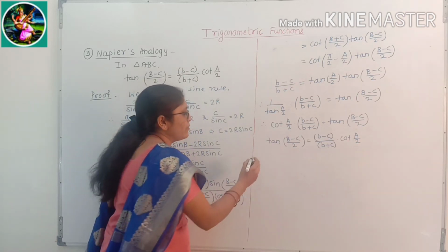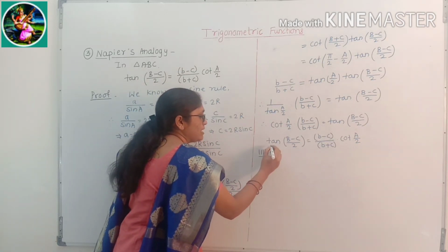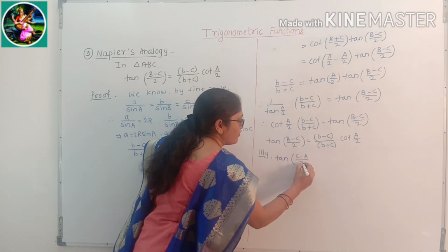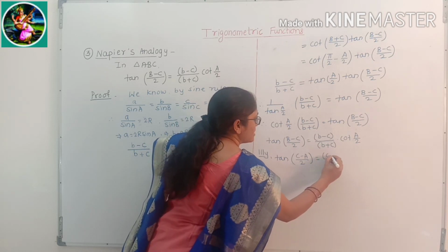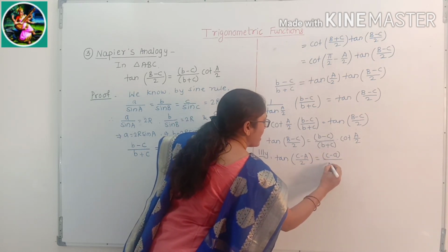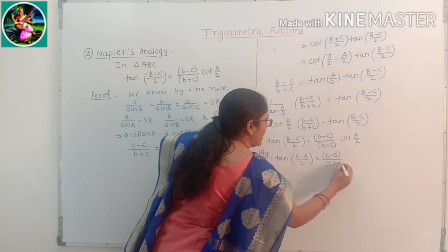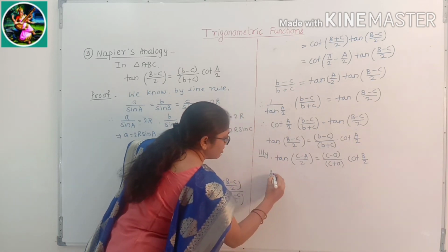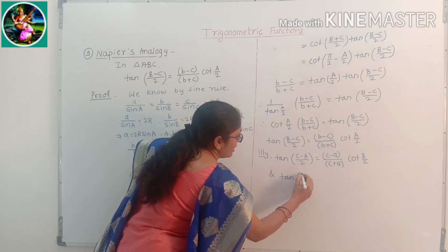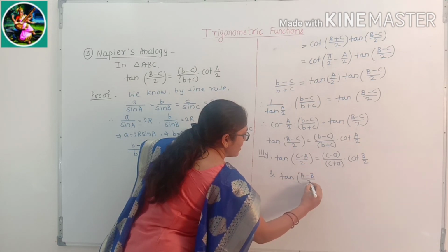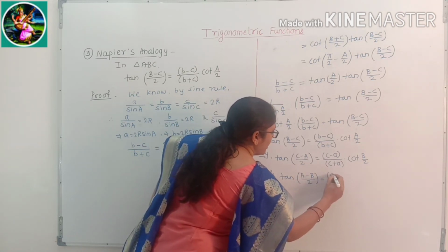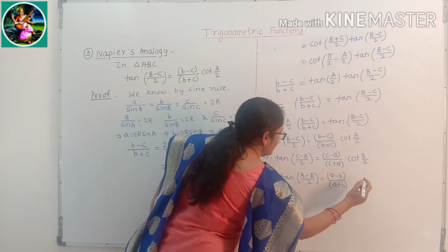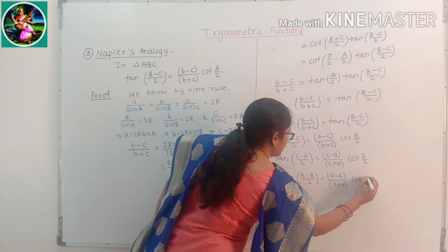Similarly we can prove that tan of (C minus A) divided by 2 is equal to (C minus A) divided by (C plus A) into cot of B upon 2, and tan of (A minus B) divided by 2 is equal to (A minus B) divided by (A plus B) into cot of C upon 2.